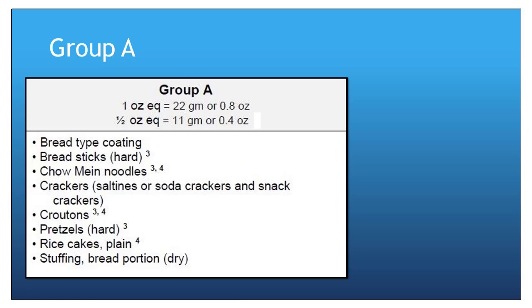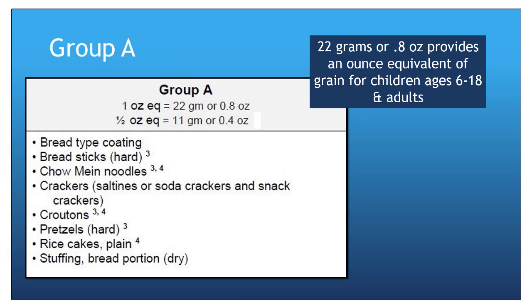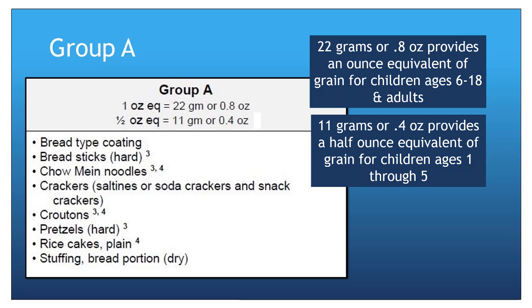Group A includes hard, dry grain products with few added ingredients. The amount to serve is 22 grams or 0.8 ounces for children ages 6 through 18 and adults, and 11 grams or 0.4 ounces for children ages 1 through 5.